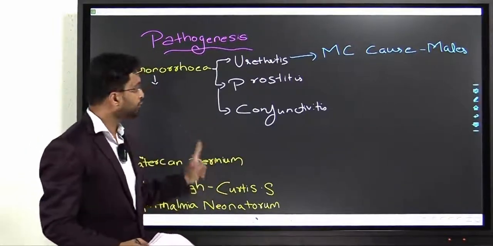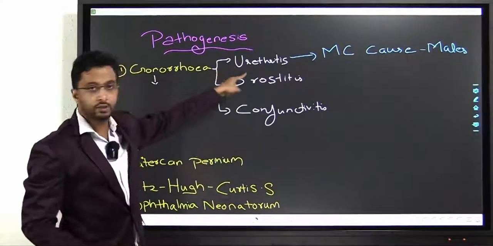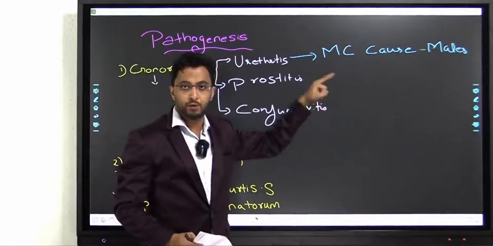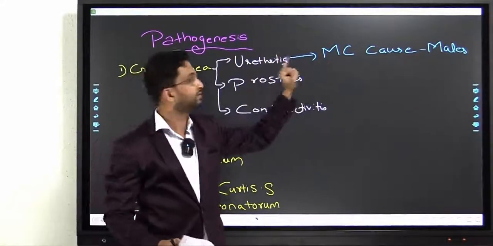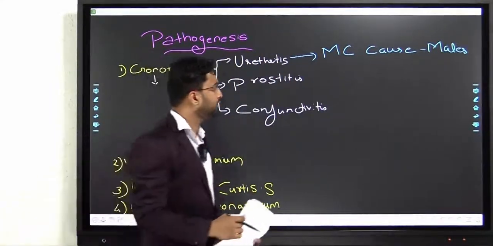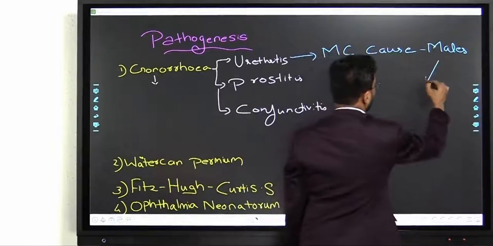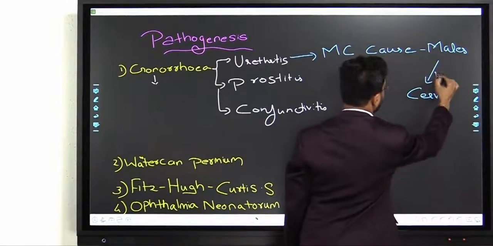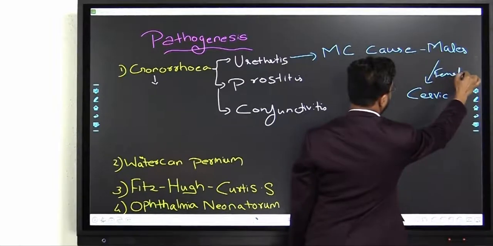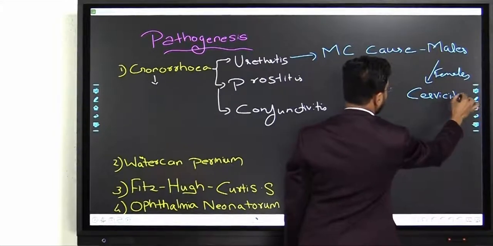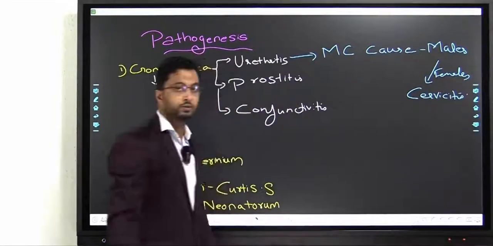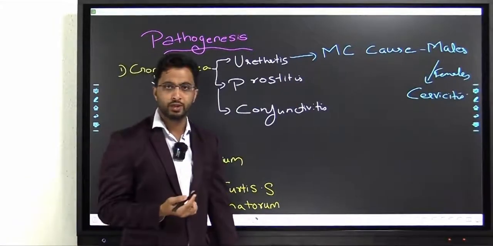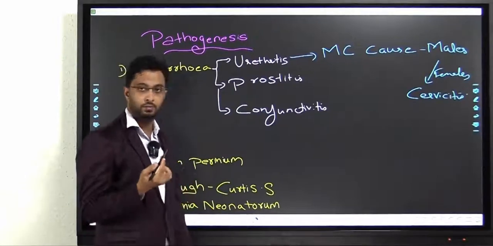Two things: the most common cause of urethritis in males is Neisseria gonorrhoeae, and the most common symptom of Neisseria gonorrhoeae in males is urethritis. What about females? They will have cervicitis. The most common symptom in females is cervicitis, or cervix involvement.